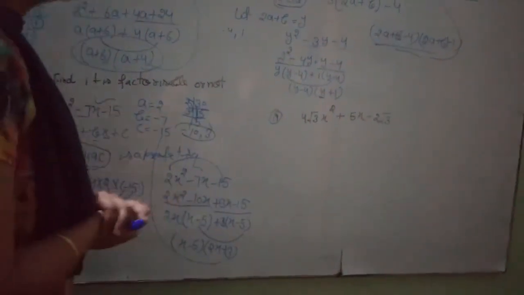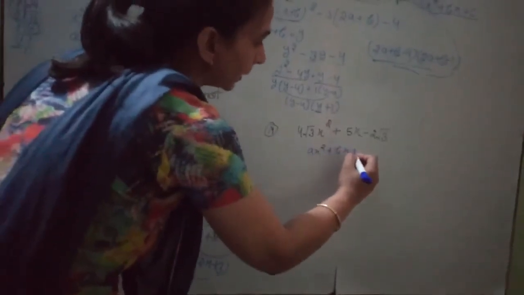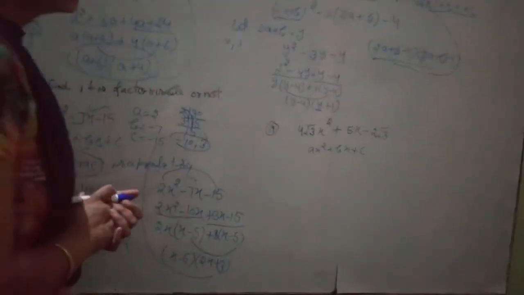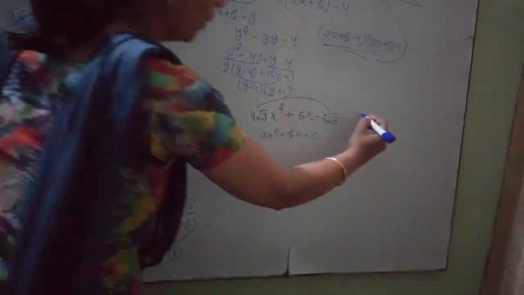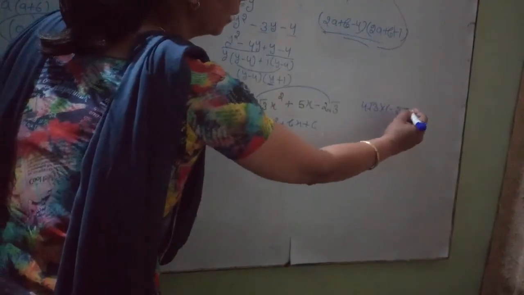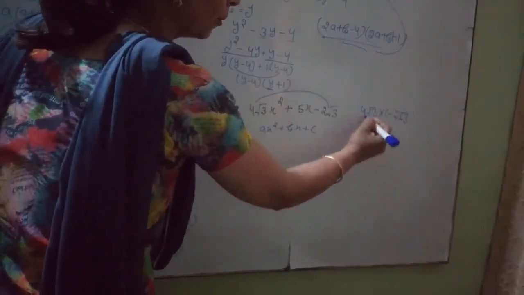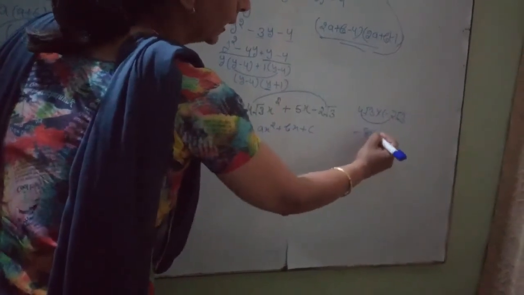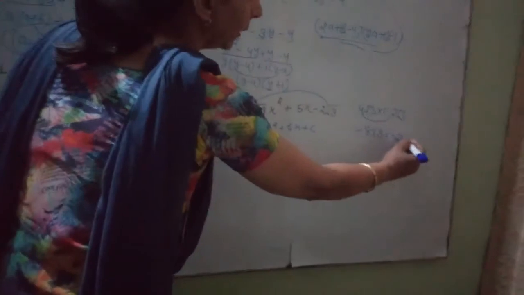Then the last question, 19: 4 root 3 x square plus 5x minus 2 root 3. Same as this type, ax square plus bx plus c. Clear, student? First we take the product of a and c: 4 root 3 multiplied by minus 2 root 3. Minus times plus is minus, 4 times 2 is 8, and root 3 times root 3 is 3, so this equals minus 24.